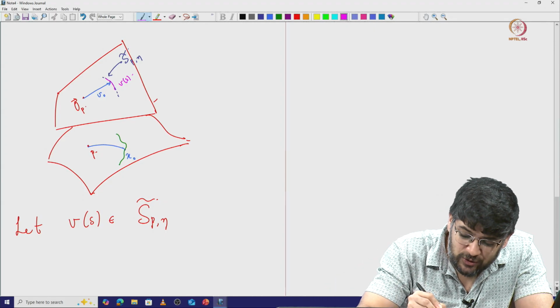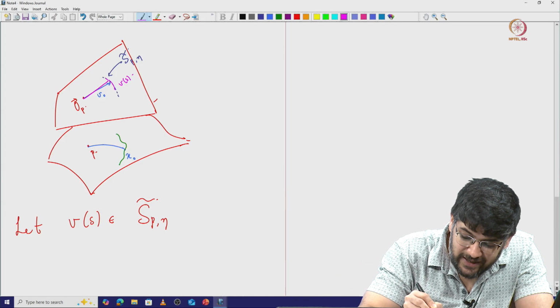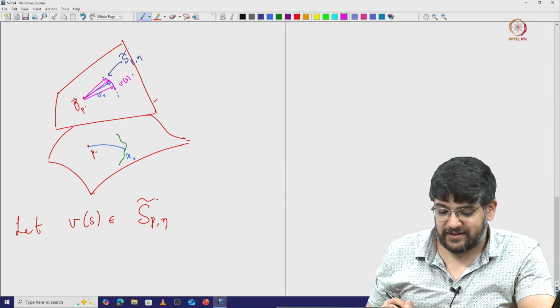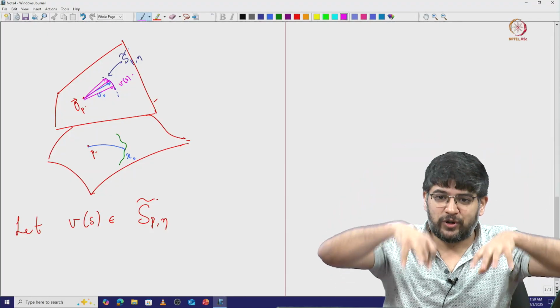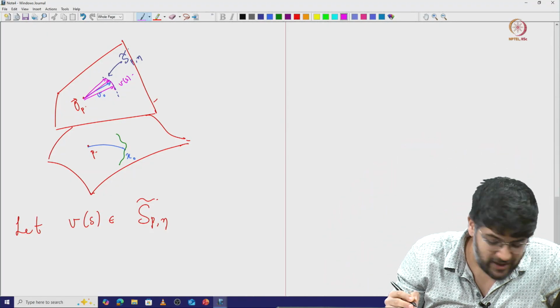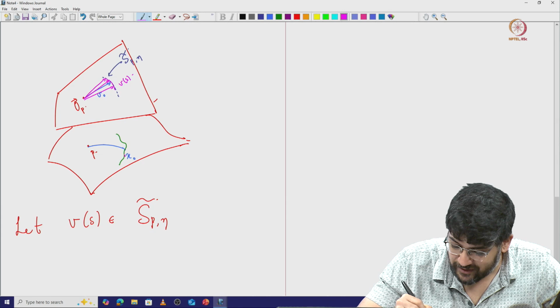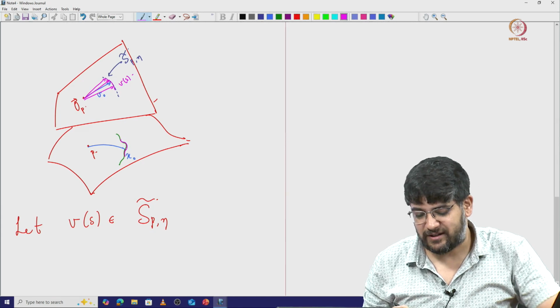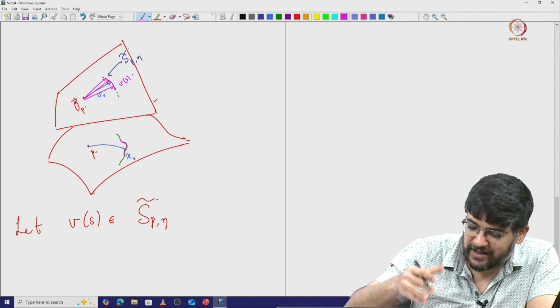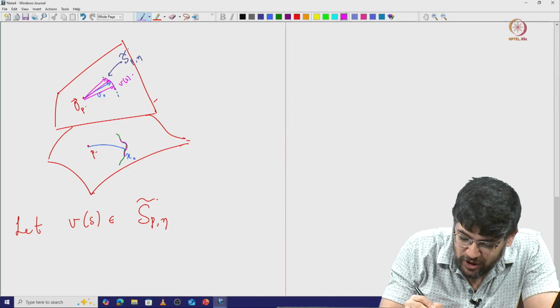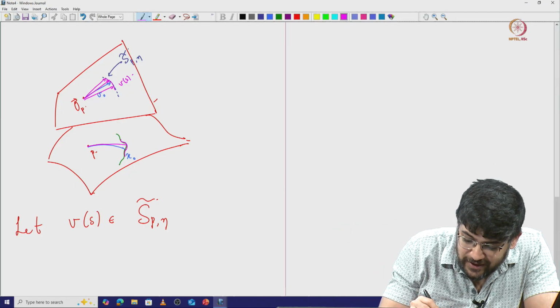So corresponding to that I get these tangent vectors V of S, and corresponding to that if you look at the image under the exponential map, you will basically get some curve on the boundary of the geodesic ball, and you get this, right.